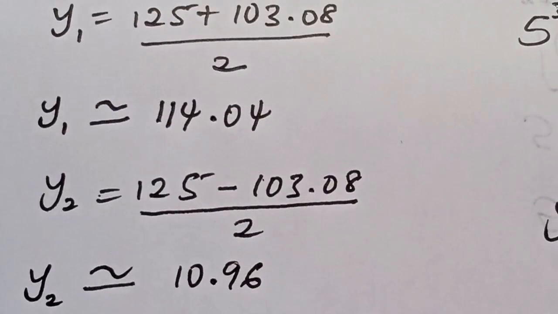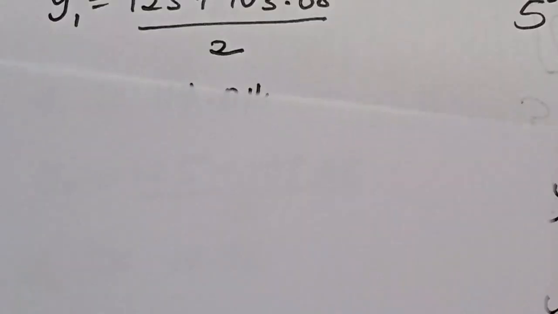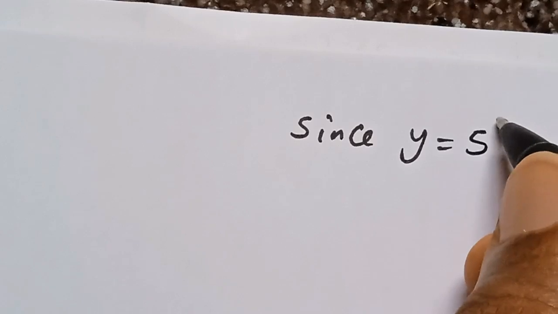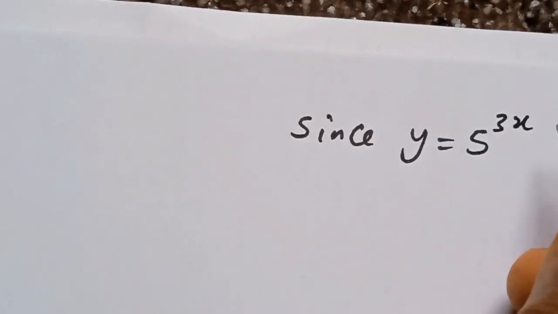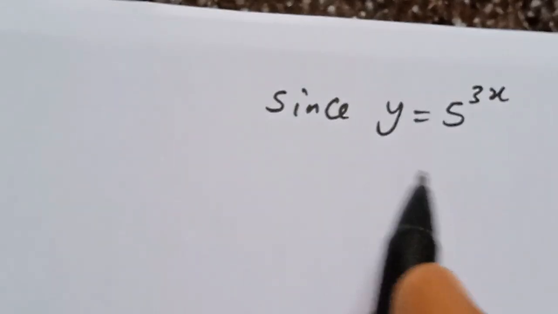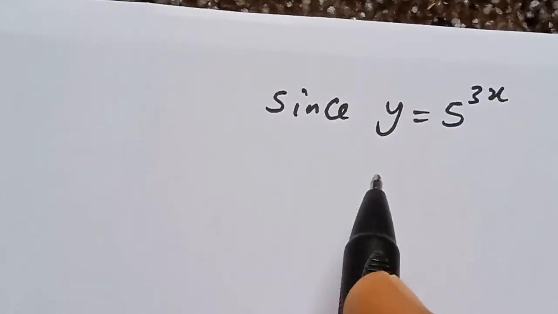Okay, from there, what we then need to do is to solve for x, having gotten the values for y. Since y equals 5 raised to power 3x, we take the logarithm of both sides to base 5 in order to solve for x.